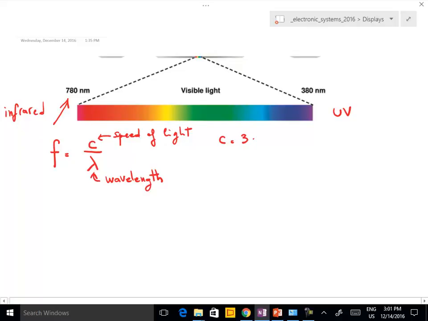It is 3 times 10 to the 8 meters per second. And the ratio of c to lambda is the frequency of the light.